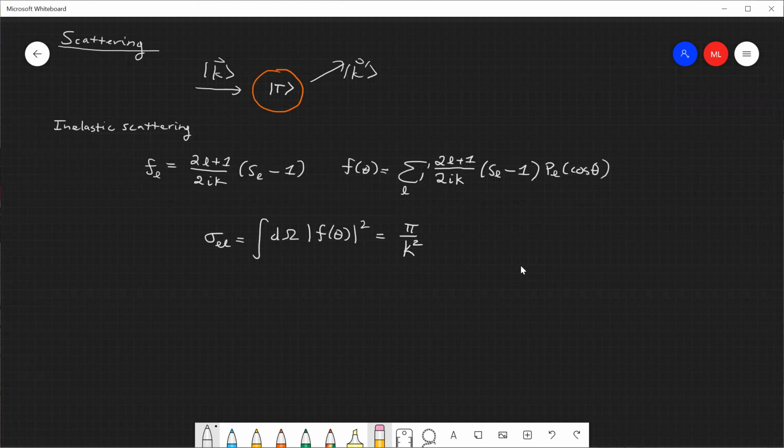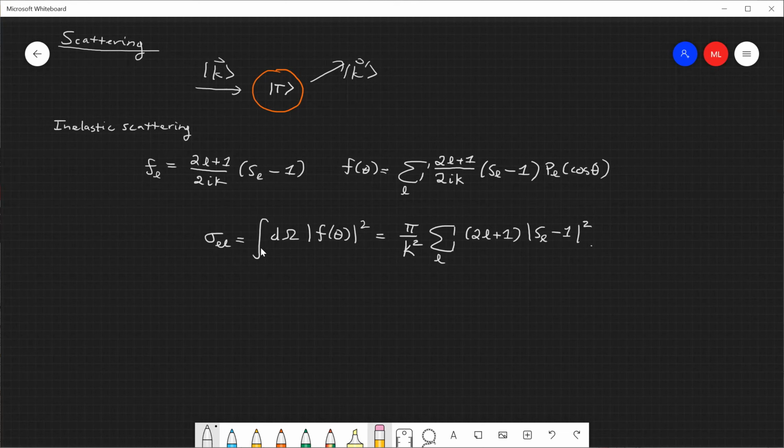You can then use properties of the Legendre polynomials to do the rest of it, and you'll practice some of these integrations on the next homework. So you're left with this S_L minus 1 quantity squared.